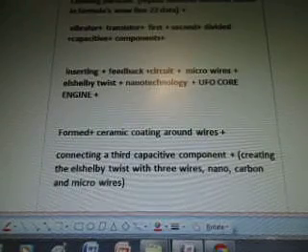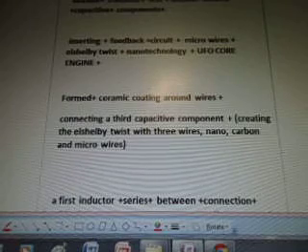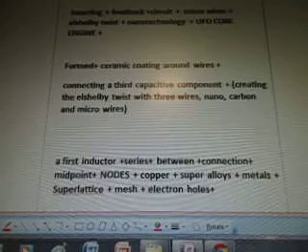Inserting feedback circuit, microwires, a Shelby twist, nanotechnology, UFO core engine. Form ceramic coating around wires, connecting a third capacitive component, creating the Shelby twist with 3 wires, nano, carbon, and microwires.